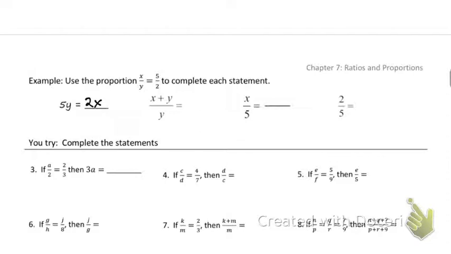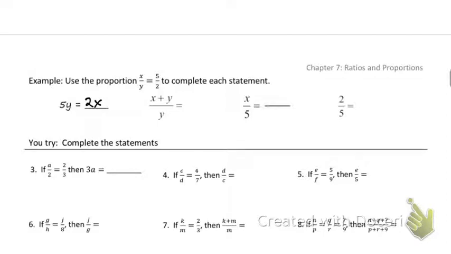All right, our next one is x plus y over y equals, who wants to give a shot at what that one's going to equal? Y plus x over x. No, we have to do something with this other one.